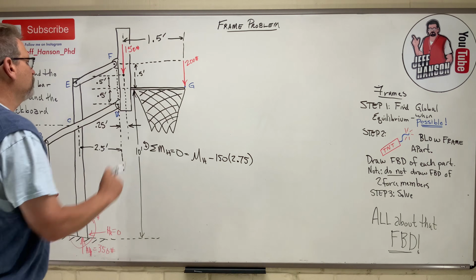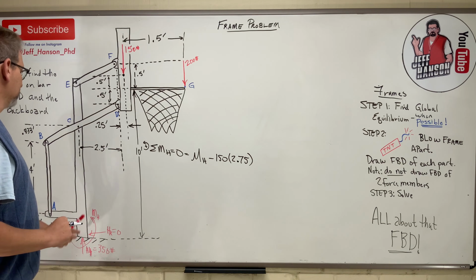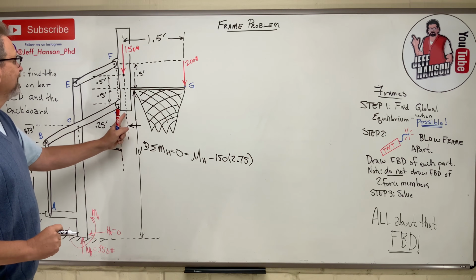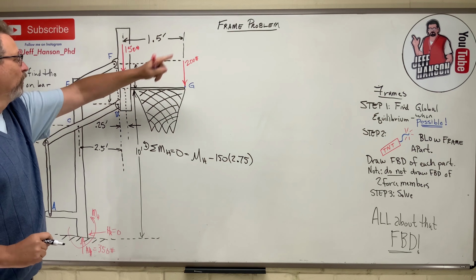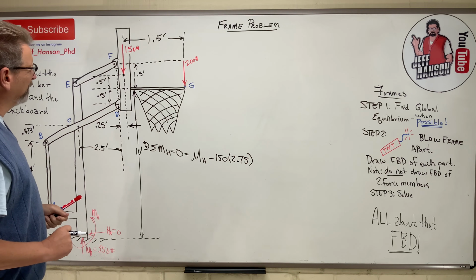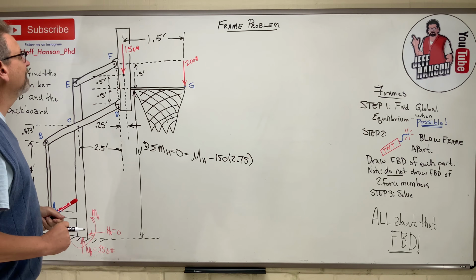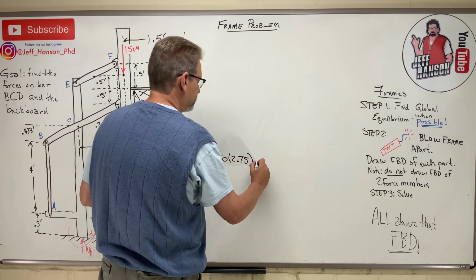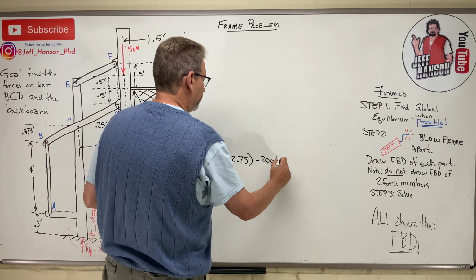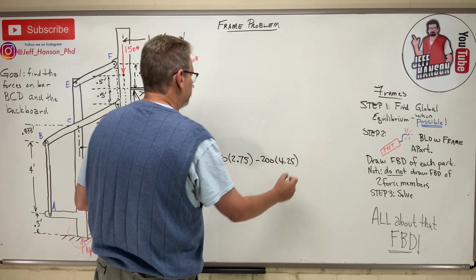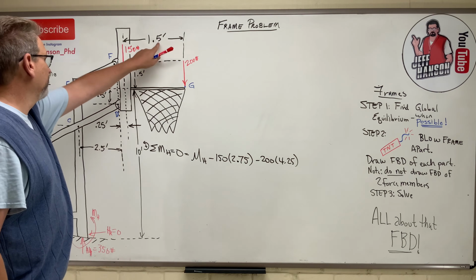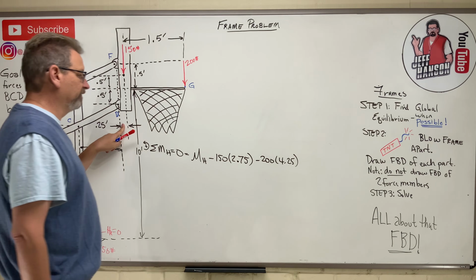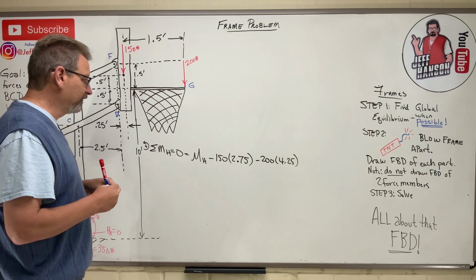And then I've got the 200 over there, and that is 2.5 plus 0.25 is 2.75 plus 1.5, so 4.25, right? So minus 200 times 4.25, right? Because 1.5 and 2.5 is 4, plus another 0.25, so 4.25. Okay, there we go.